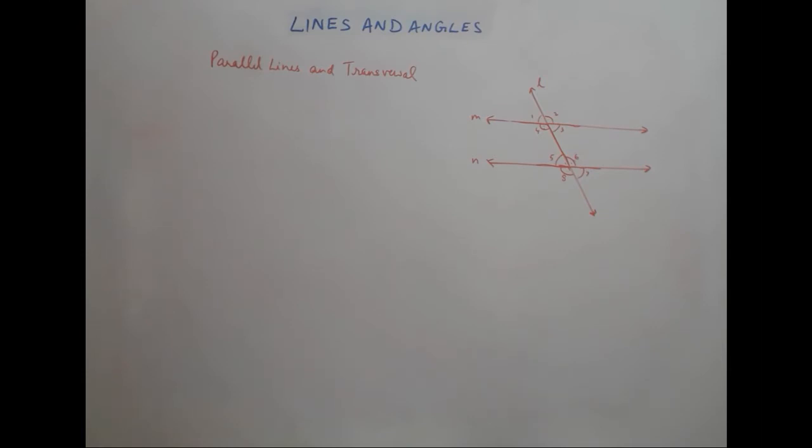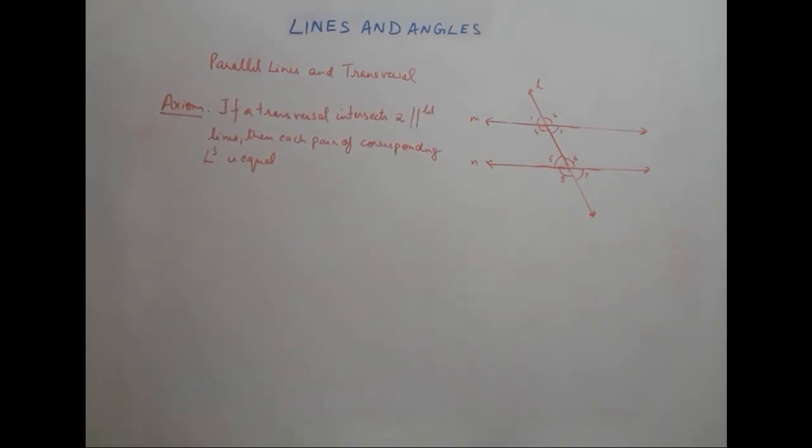So the first axiom says if a transversal intersects two parallel lines, then each pair of corresponding angles is equal. What is an axiom? An axiom is a principle that is accepted as true without proof. So we don't have a proof, but we accept it as a principle that it is correct.